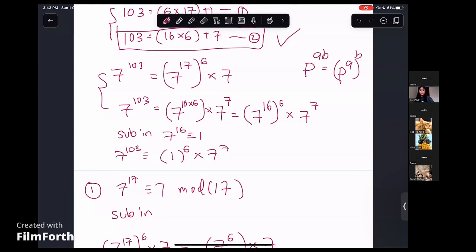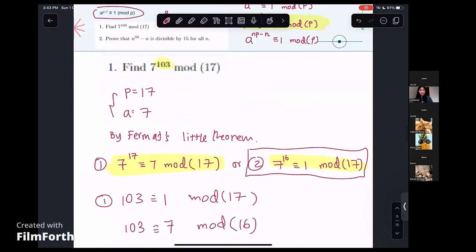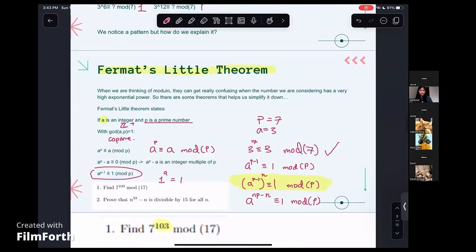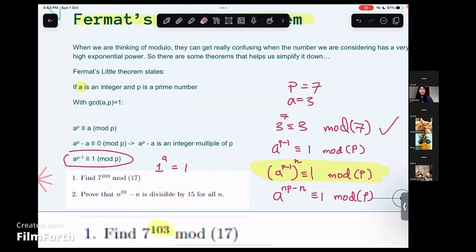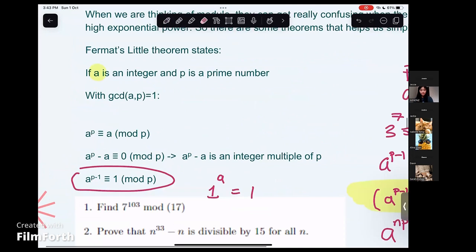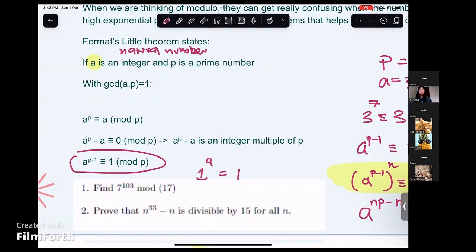Okay, of course. So, Fermat's little theorem, let's reiterate it again. What are the conditions? It basically states that if a is some integer, a natural number, so that's an integer greater than 0, and p is a prime, so p has to be a prime, and the greatest common divisor of a and p must be 1.